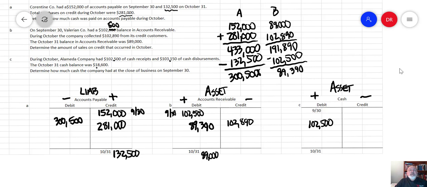And then we had cash disbursements of 103,150. That's going to go on the credit side. So we decrease this account when we pay out cash. Our ending balance is 18,600.